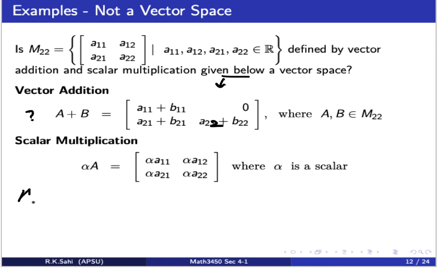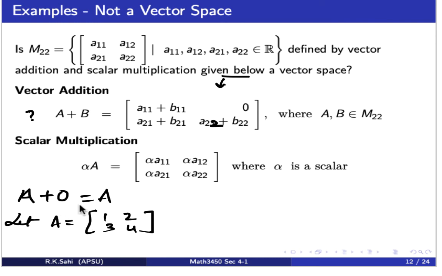If I add A to 0, that's axiom number 4, then I should get A itself. That's what we know. So let's pick an A. Let A be 1, 2, 3, 4, and I'm going to add the zero vector to it.